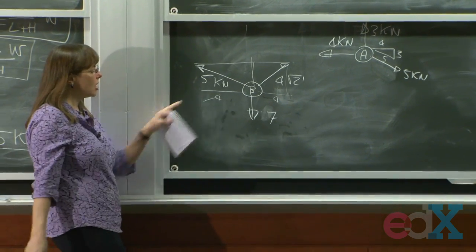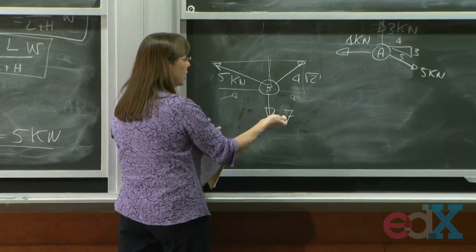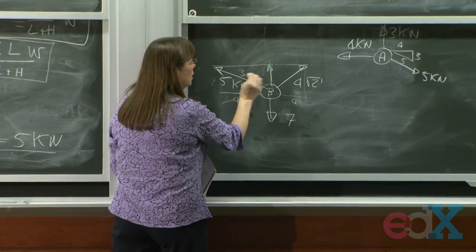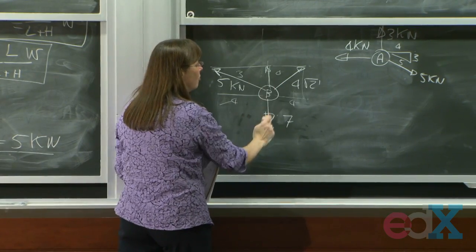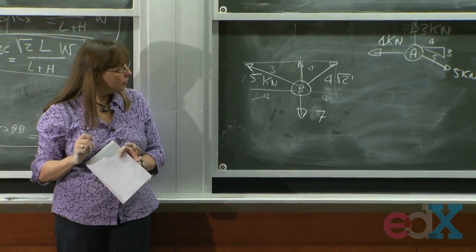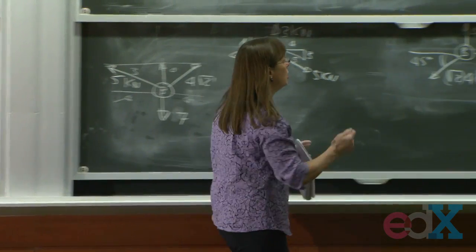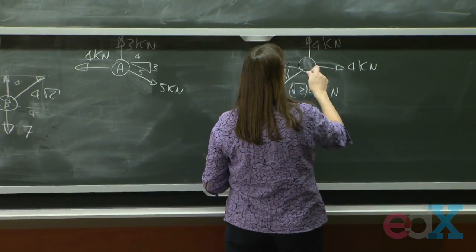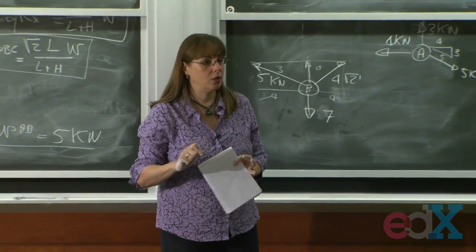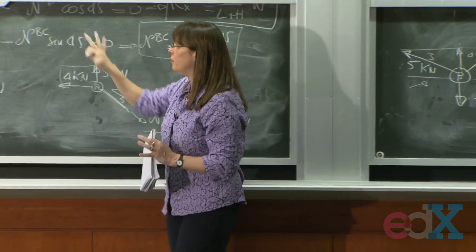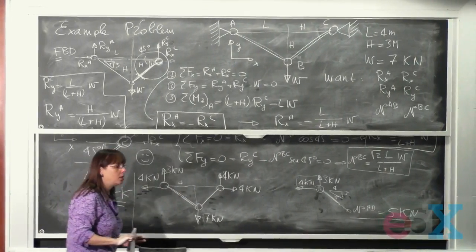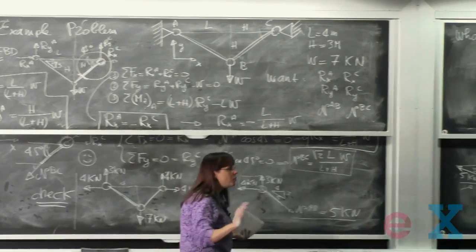This one here comes up. This gives me 3. This gives me 4. 3 and 4 make 7, and we're good. So if the whole thing is in equilibrium, the bars are in equilibrium, the pins are in equilibrium, we will be done.